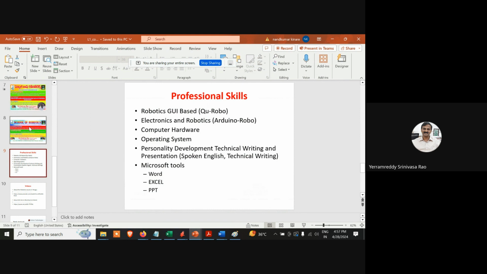Since it is the level 1 course, a beginner's course in programming, you should know robotics programming using a graphical user interface, what is called QU robot. Once you are comfortable using the computer interface, programming the hardware, assembling the hardware, and the applications of the hardware, then we will go to the next skills, the level 2 course.